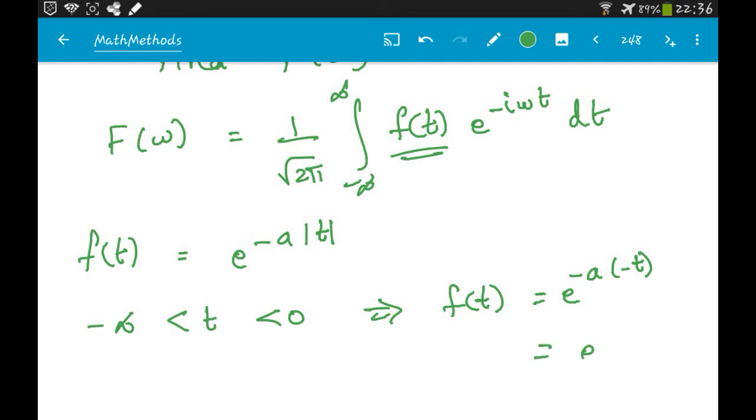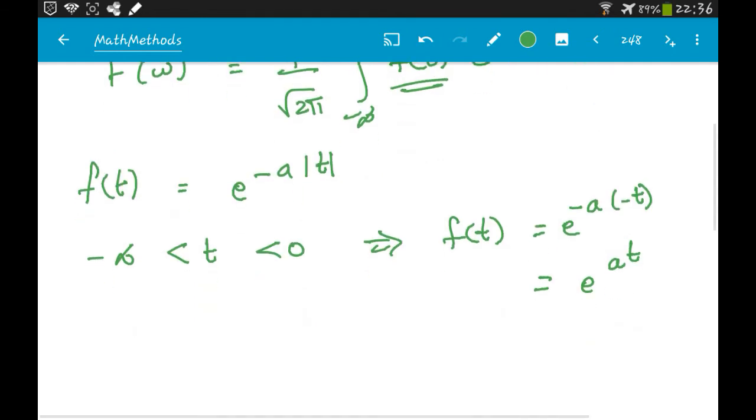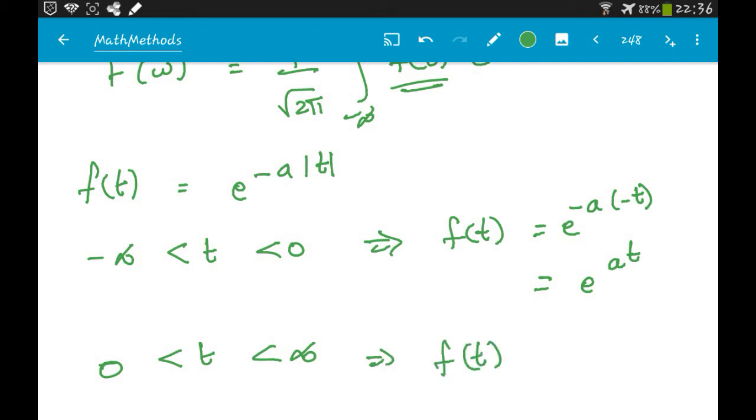So this is nothing but e^(at). And when t is between 0 and infinity, t is going to be positive. So we are just going to have e^(-a·t), so this is e^(-at).